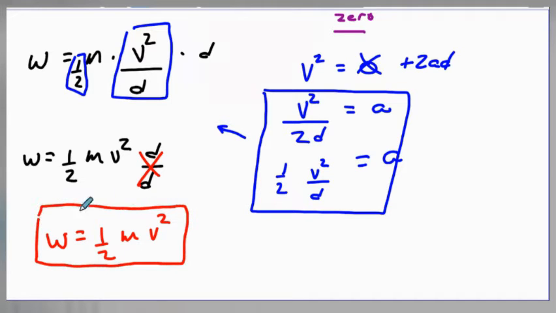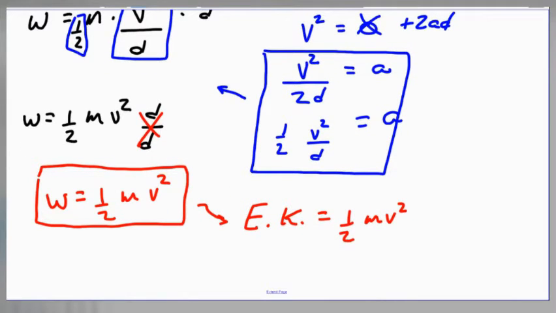But this is the work being done by a moving object. So because we're talking about a moving object, this is actually our energy. And I'm going to call it our EK for energy kinetic. It's 1/2 mv squared.